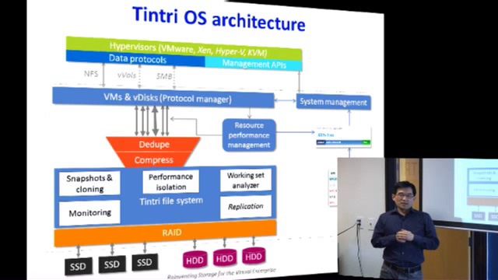This means that for every I/O request we get into the system, we know exactly what VM or vdisk generated it, right? So this is what allows us to maintain and measure statistics on a per virtual machine, virtual disk basis. A traditional storage system doesn't know anything about virtual machines or virtual disks once you get into the storage layer. It gets an I/O request, it knows what LUN it is associated with, it knows what volume it is associated with, but it doesn't know what virtual machine or virtual disk generated it.